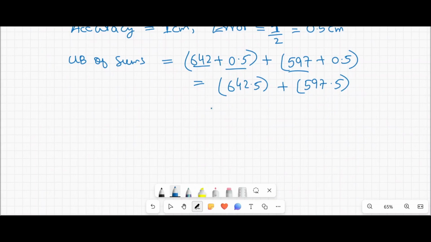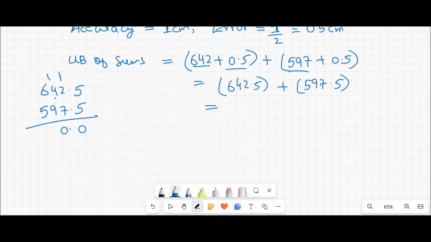And lastly, while adding both, let's do it. I might use the calculator, but let's not use the calculator. 5 plus 5, 0, and 1 will go up. So 1 carry, 1 plus 2 is 3. 3 plus 7, you will get 10, 0 and 1 will go up.